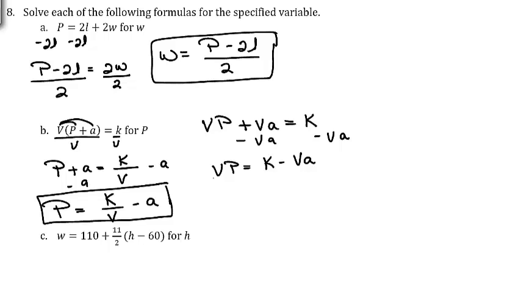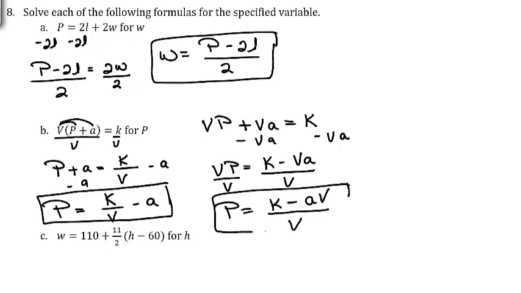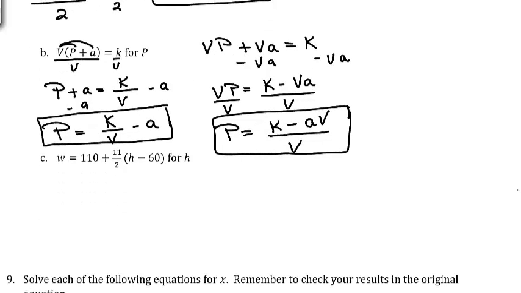And then we're solving for P, so we're going to divide both sides by V. And that gives us P is equal to K minus, and most of the time we write variables in alphabetical order, so we're going to write that as AV, and then divided by V. So again, these expressions look a little bit different, but they're really equal to each other. Okay.